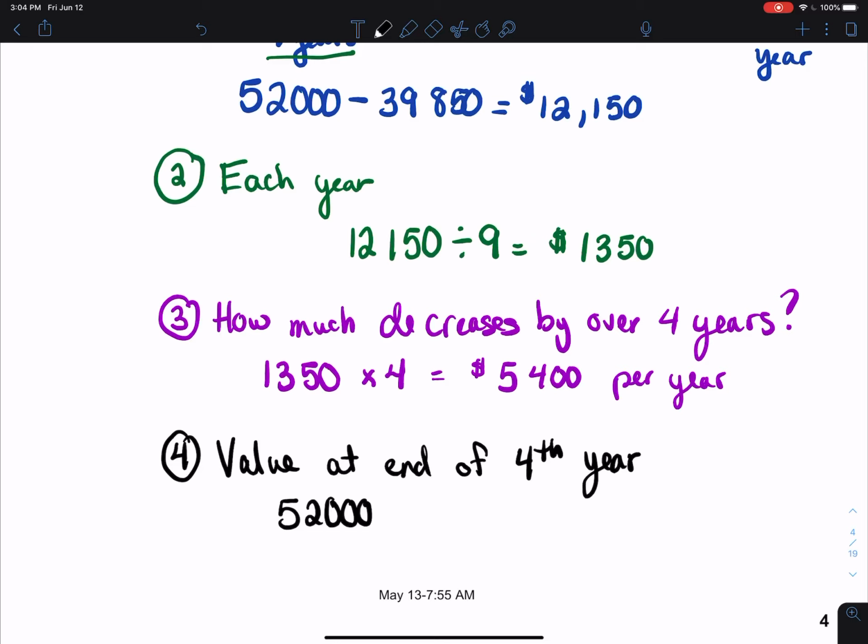And I'm going to subtract out the $5,400 that it decreased by over, I wrote that wrong, the 4 years. And when we do that, we're going to find that it's worth $46,600 after 4 years.